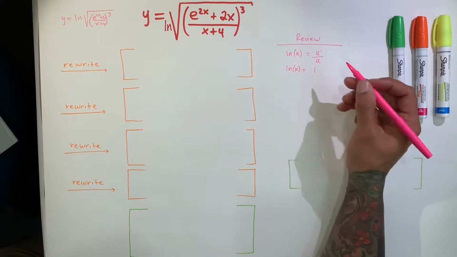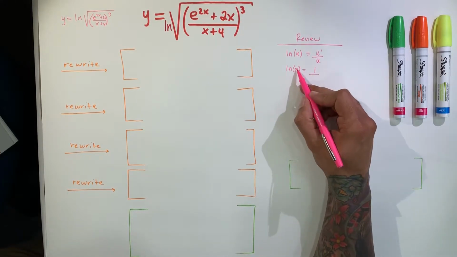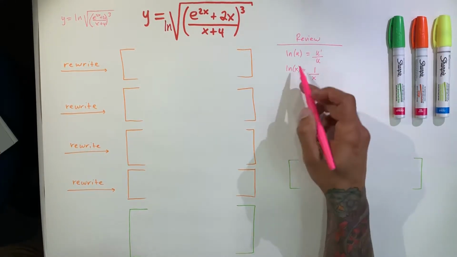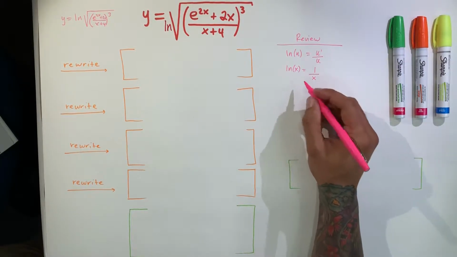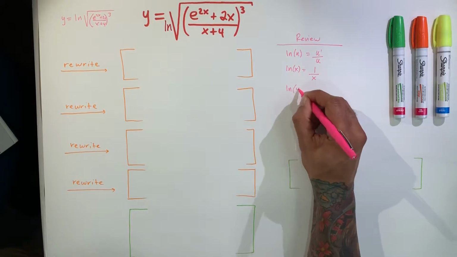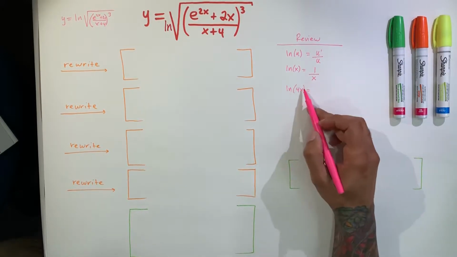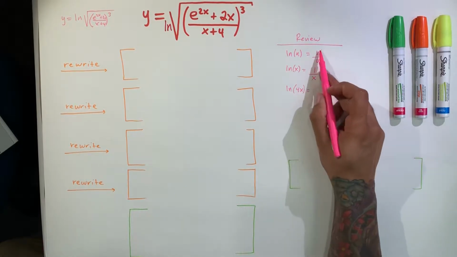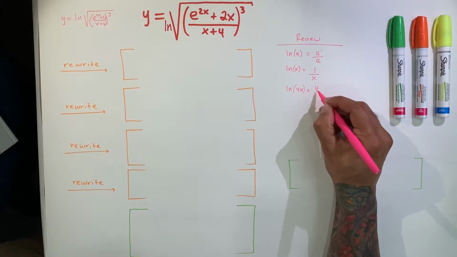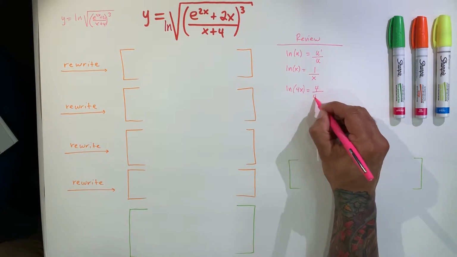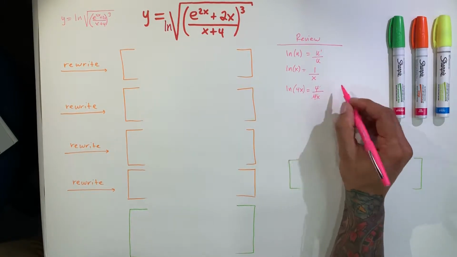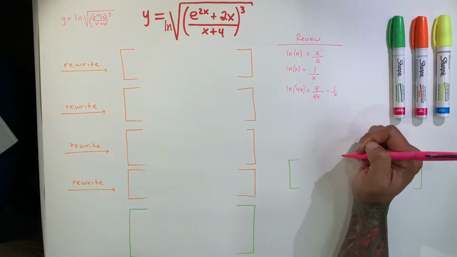The derivative of x is just 1, over whatever's inside. So that's why you always see the derivative of ln of x is 1 over x. So if you have ln of 4x, the derivative of whatever's inside, which is 4, divided by whatever's inside, 4x.